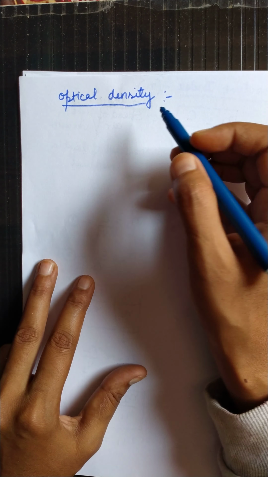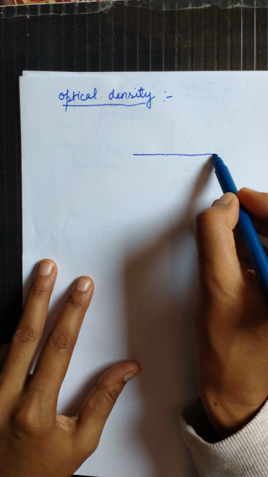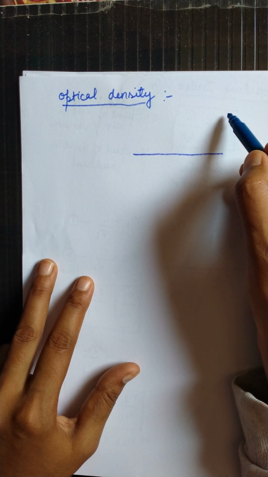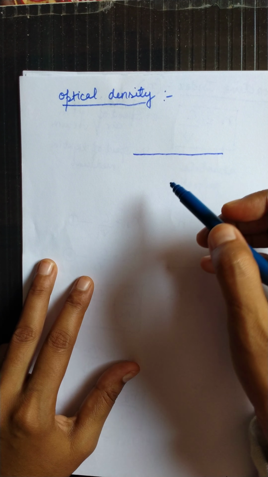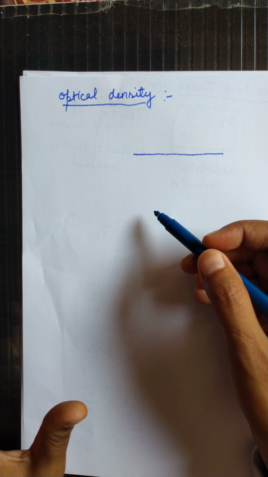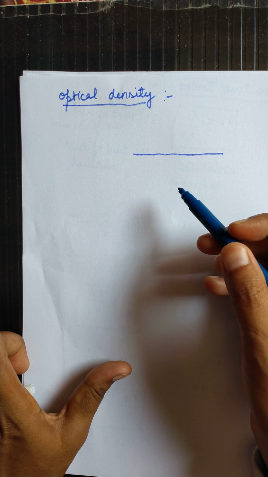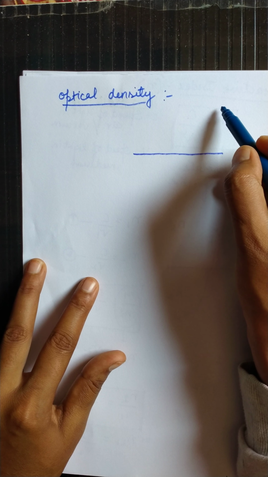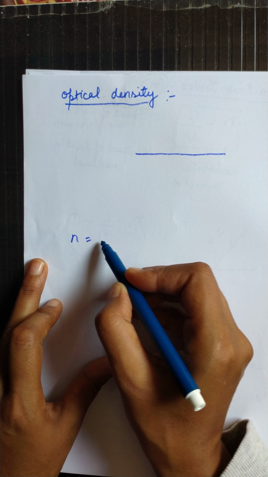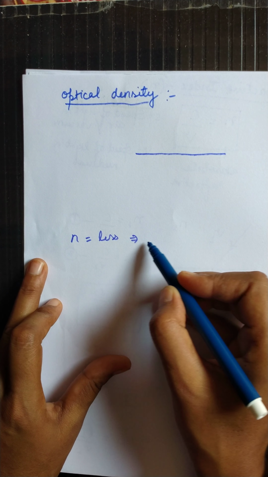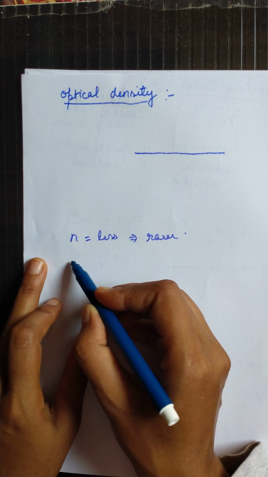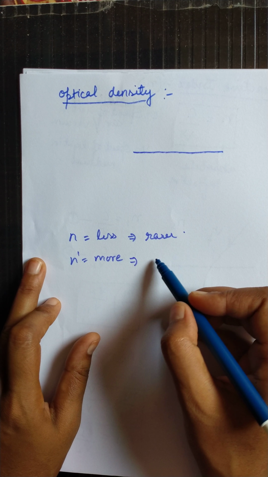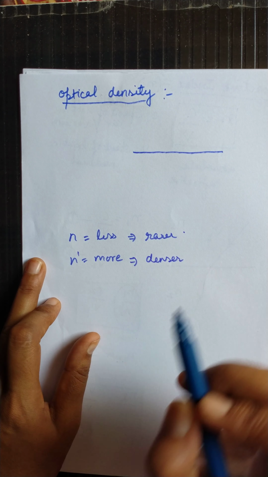Generally, the medium having a high refractive index is optically denser, and the medium having a low refractive index is optically rarer. The medium having a lesser refractive index will be a rarer medium, and the medium having a higher refractive index will be a denser medium.